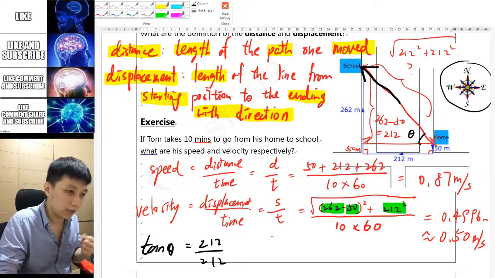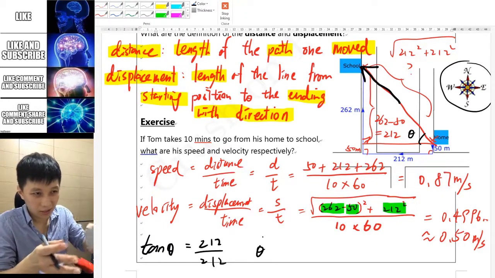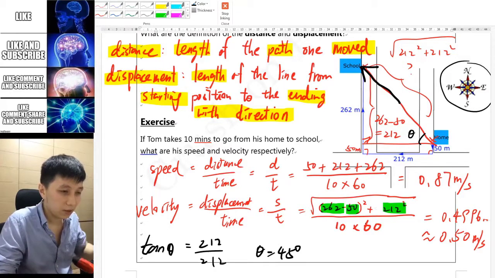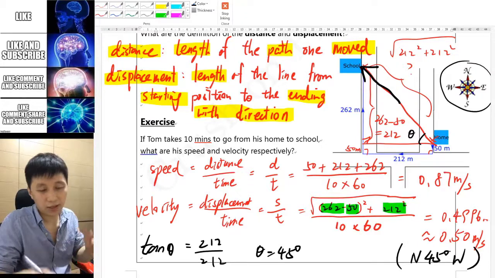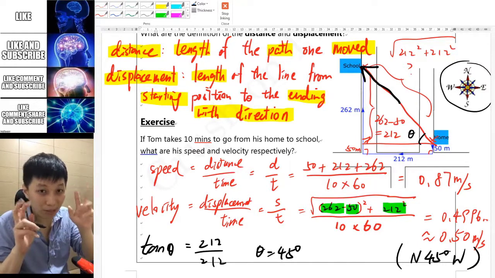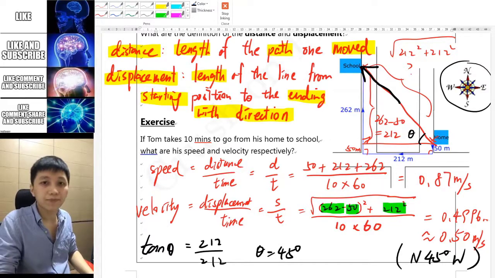If you solve it using your calculator, obviously this is 45 degrees, so that's why the direction is north 45 degrees west. All right, you can put a bracket next to the velocity, the number of the magnitude, we call how fast it is, next to it.